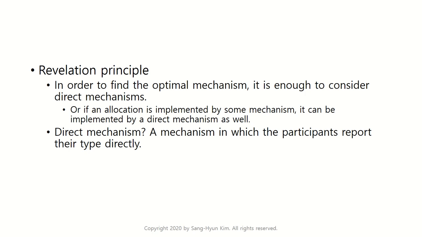What that means is, if an allocation is implemented by some mechanism, it can be implemented by a direct mechanism as well, because in any mechanism, each type of participant will do something, and you just allocate that to anyone who claims to be that type.